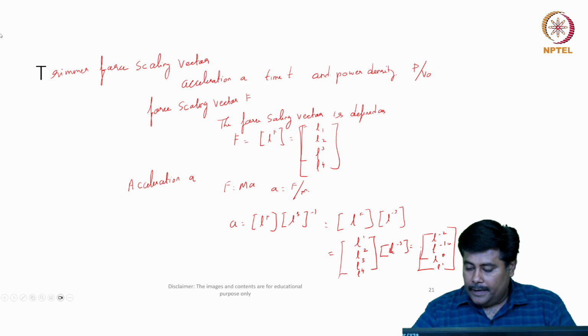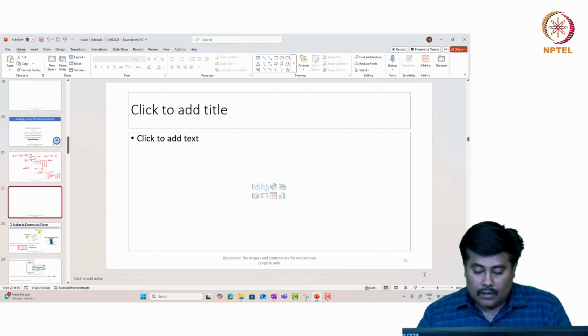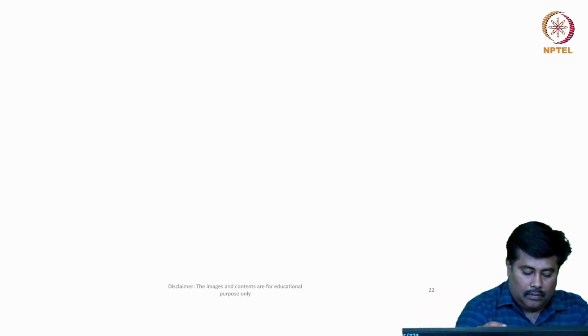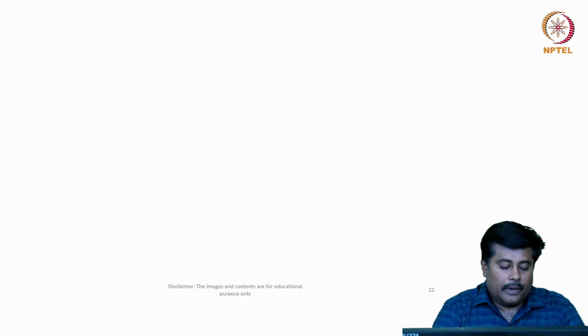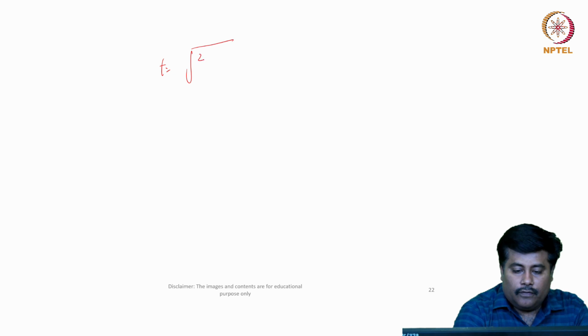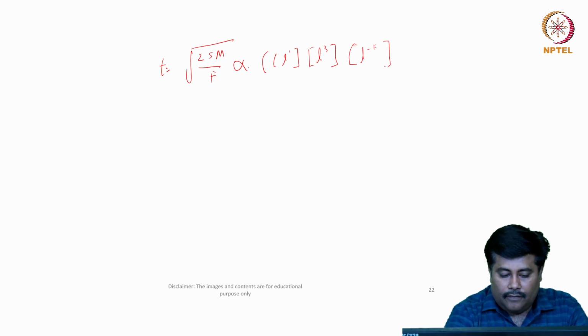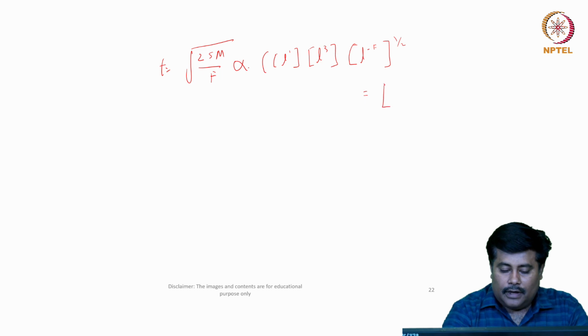Now, if we take a look at the second part of the equation, the transient time and the subject formula, the relation can be represented as T equals root of 2Sm by F, which is L1, L3 minus F to the power 1 by 2, which can be written as L square LF power minus 1 by 2.